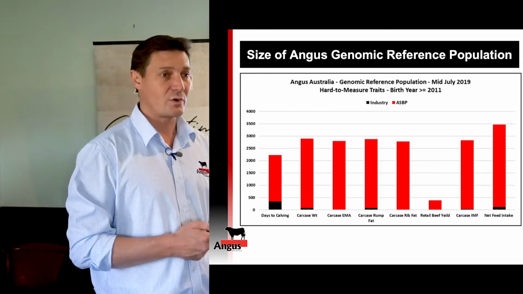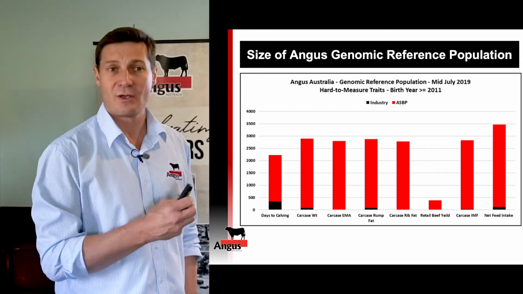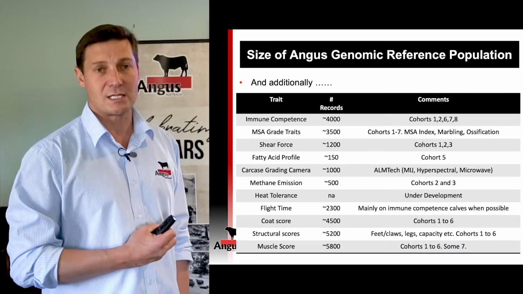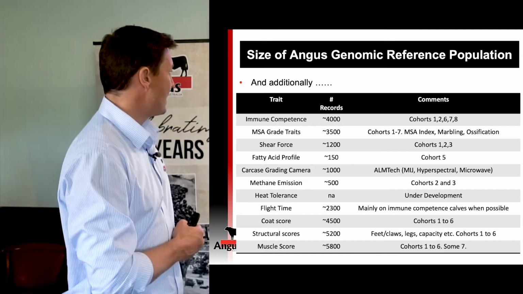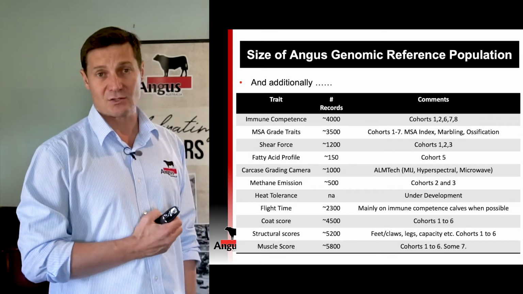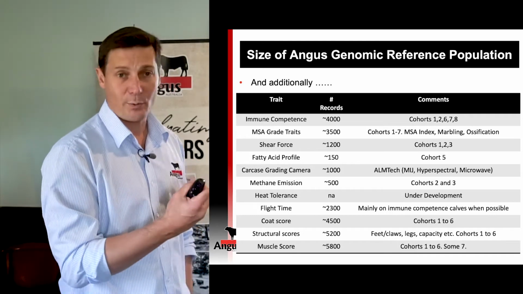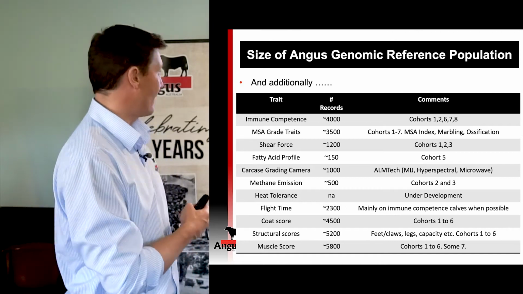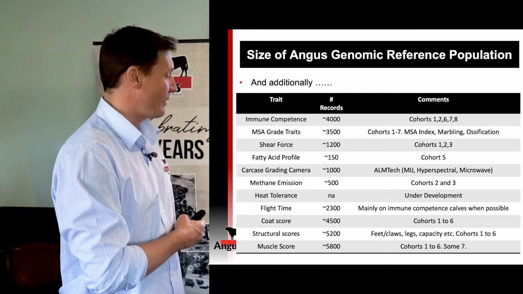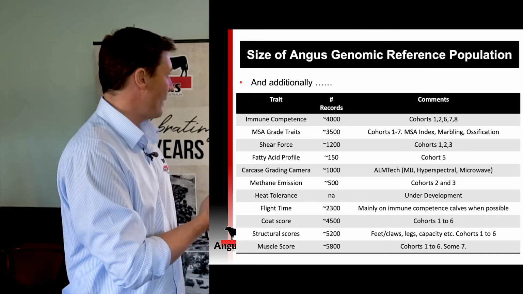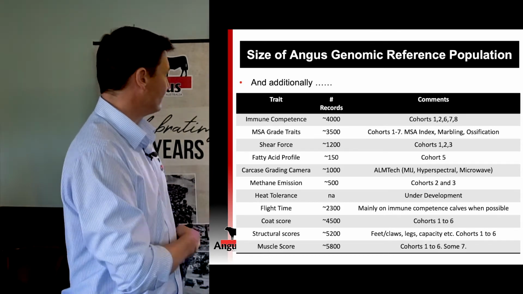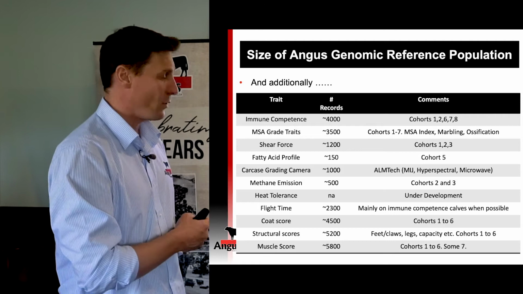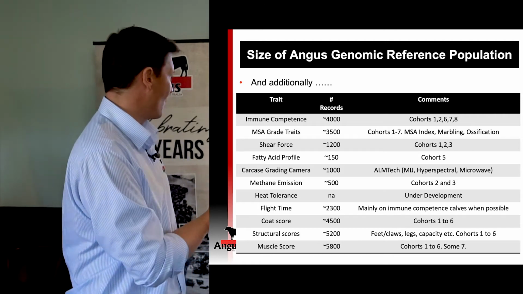One of the other things we're starting to see is a genomic reference population being built for other traits which we probably haven't even started to think about selecting on, or aren't routinely selecting on in our breeding programs. Here are some additional traits collected in the Angus sire benchmarking program, like immune competence, and in our next session we'll talk about some of the early work to produce research breeding values for that trait, through to some better indications of eating quality, so MSA index, ossification, etc., some fatty acid profiles, methane emission, down into some of the more adaptability traits such as coat score.